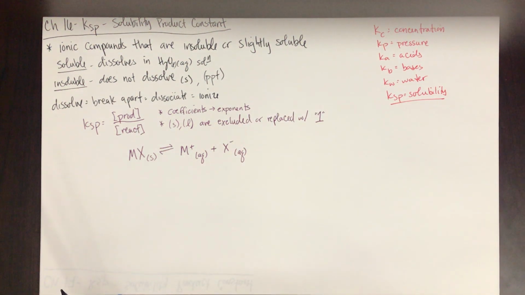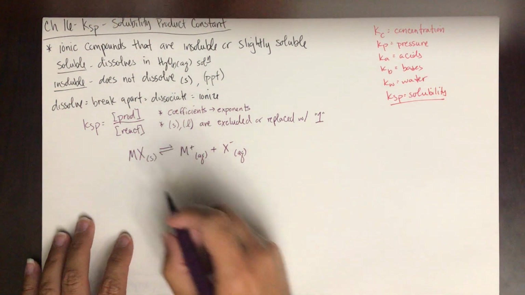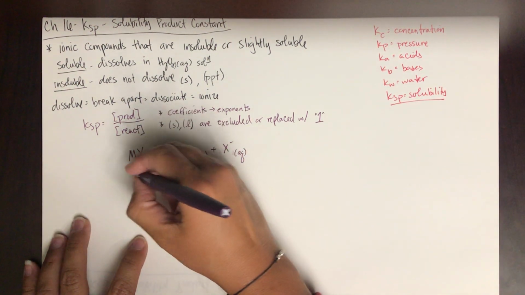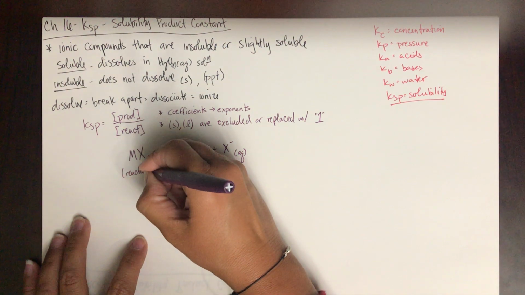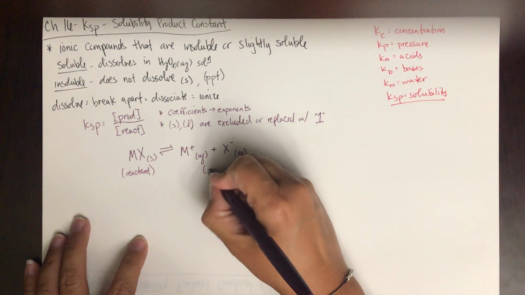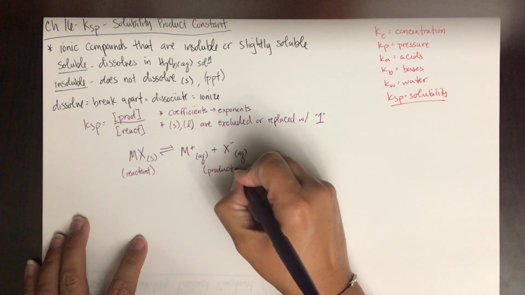So the Ksp, over here is the reactant, and over here the product.